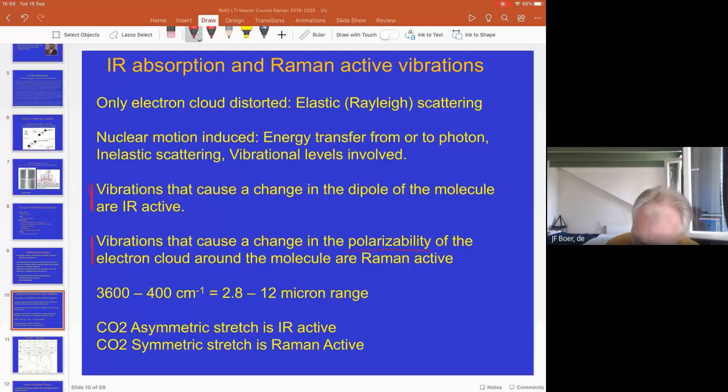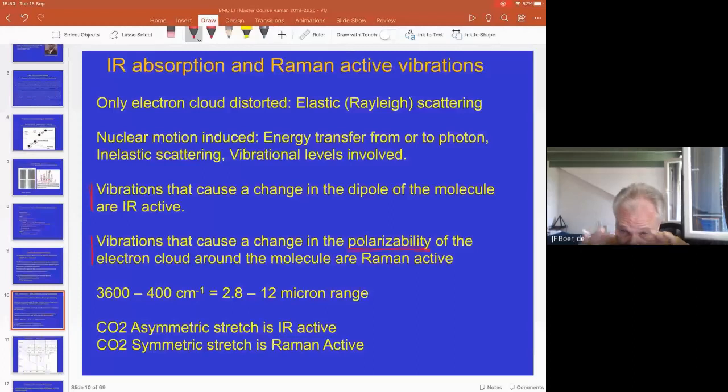So the polarizability of a molecule is basically how tightly the electron cloud around the molecule is bound to the molecule itself. You can imagine if it's a very highly charged molecule, with very positively charged nuclei, that they exert a lot of force on the electron cloud around it, especially if the two atoms are very close together.